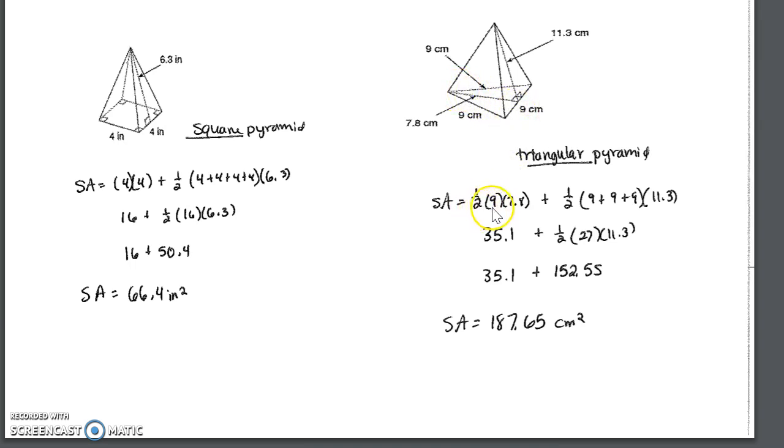So 1/2 times 9 times 7.8. 1/2, and then this is your perimeter. So notice it's 9, 9, and 9. It's an equilateral triangle. And then 11.3 is your slant height. It's laying on the side of your three-dimensional figure. Plug it all in. 187.65 centimeters squared.